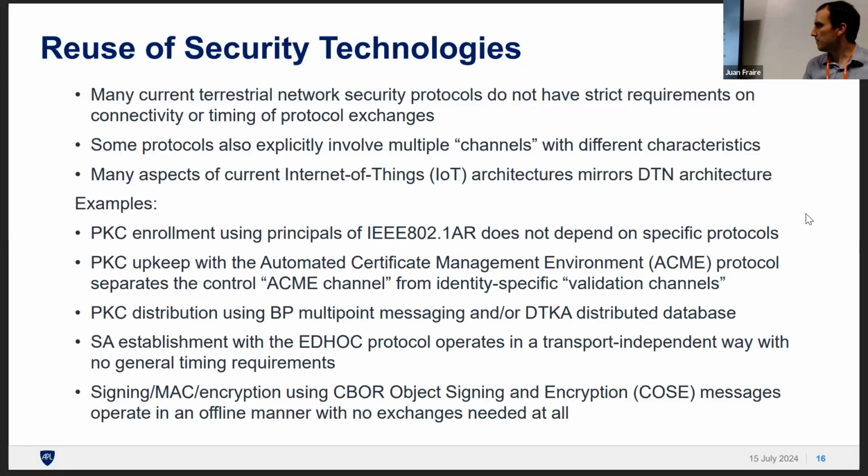So this slide covers a few existing technologies that are discussed in a lot more detail in the paper. I'm just going to briefly go through them. But the interesting part is that the current Internet of Things and constrained device environment already mirrors some of the DTN architecture.